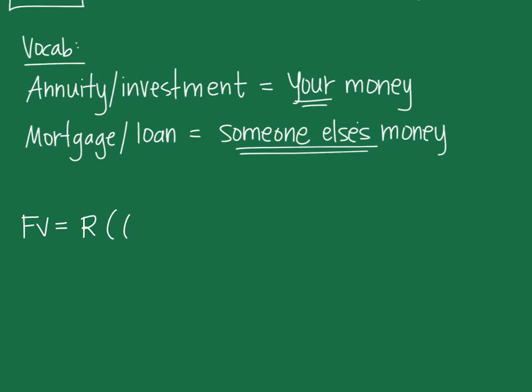You have to put both of them there. 1 plus R over K, which you've seen before, to the KT. That part looks like one of the formulas we did yesterday. Minus 1, and your parenthesis. Notice there are 2 forward parentheses at the beginning, and then 2 backward parentheses that finish it through the rest of the equation, divided by another set of parentheses, the fraction R over K.